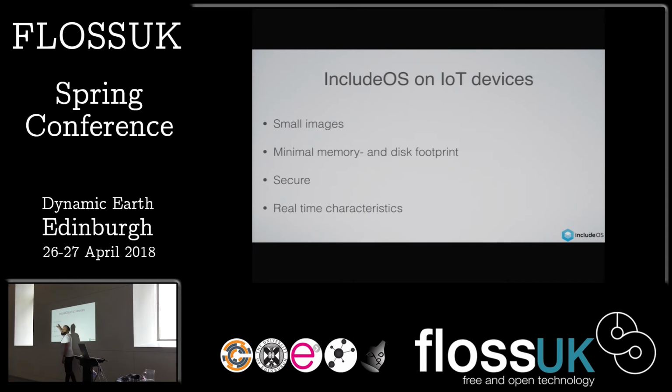We can do small images. IncludeOS typically compiles down to 2 or 4 megabytes. Basically it's the size of your C++ binary. Most IoT devices that run Linux today ship with maybe 2 gigabytes of flash and half a gigabyte of memory. It's also reasonably secure, so we ship images which can't be reconfigured. Linux is built to be reconfigured.